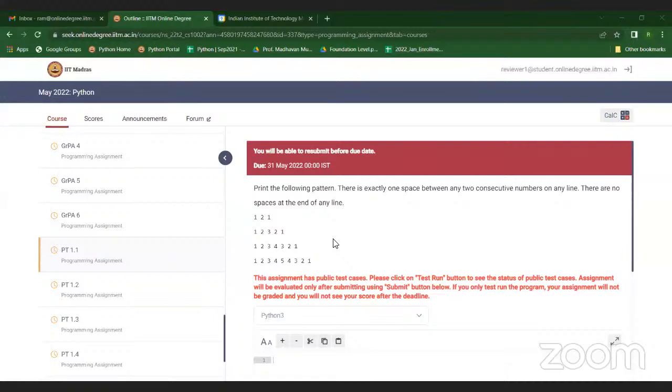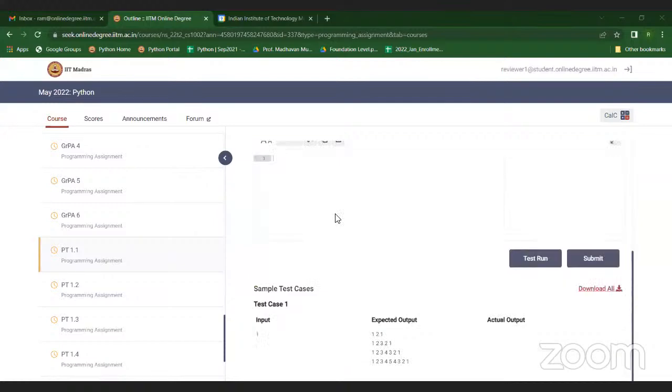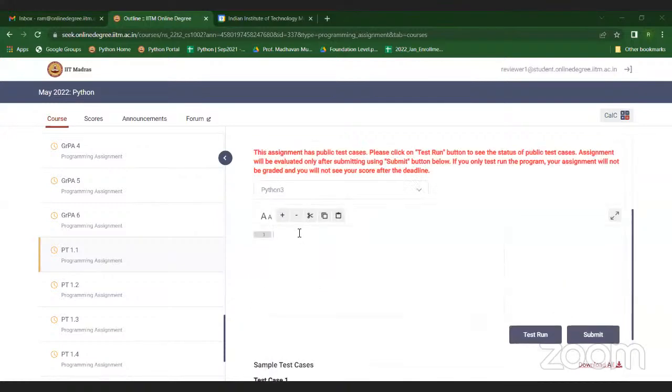Okay, see, let me solve the problem for you. You're able to see my screen, right?